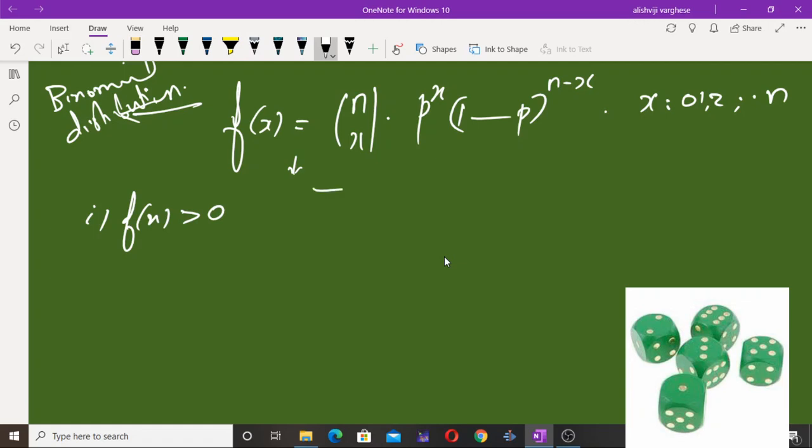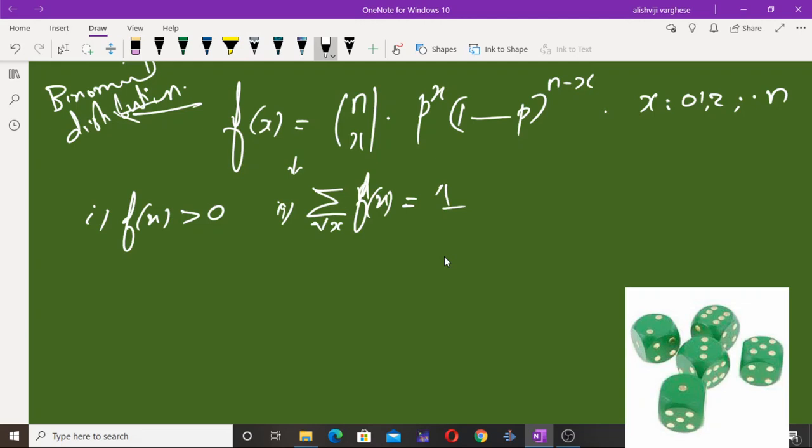Then what happens if we sum up f of x for all values of x, and this is equal to 1. And the procedure is very simple.